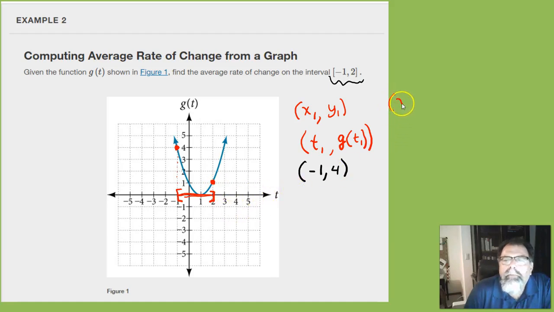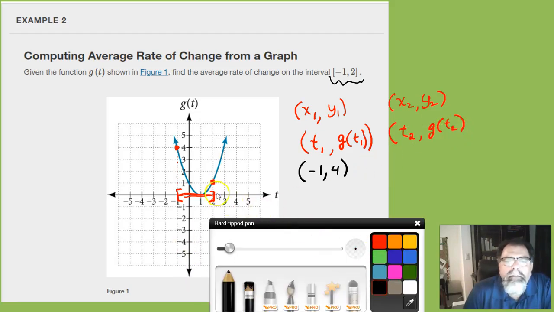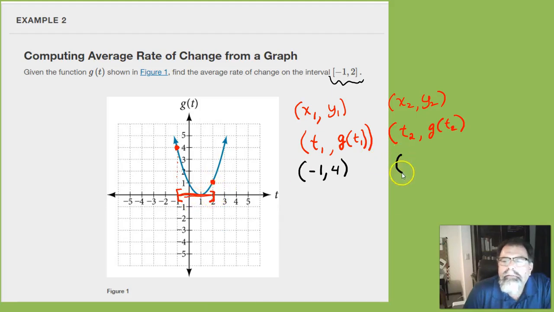So again, that's my point 2, but it's not x, it's t, so that's t sub 2, and then g of t sub 2. And that point is x is 2, y is 1. So 2, 1.